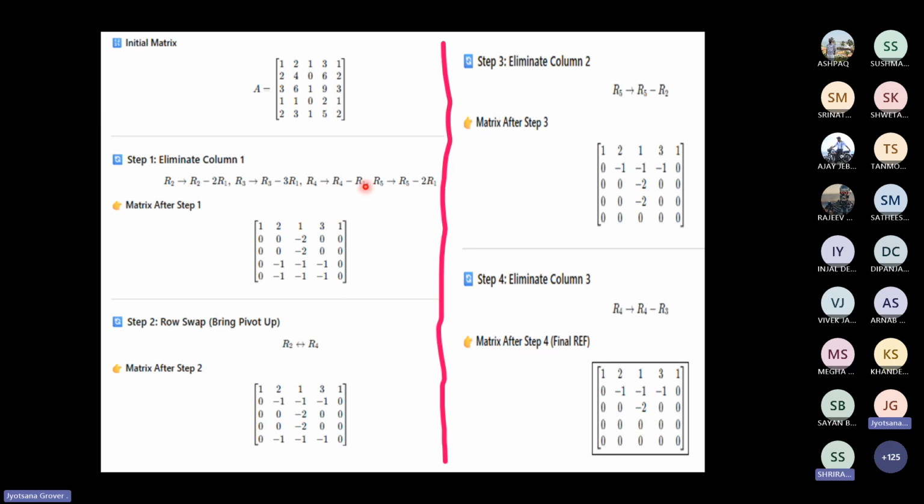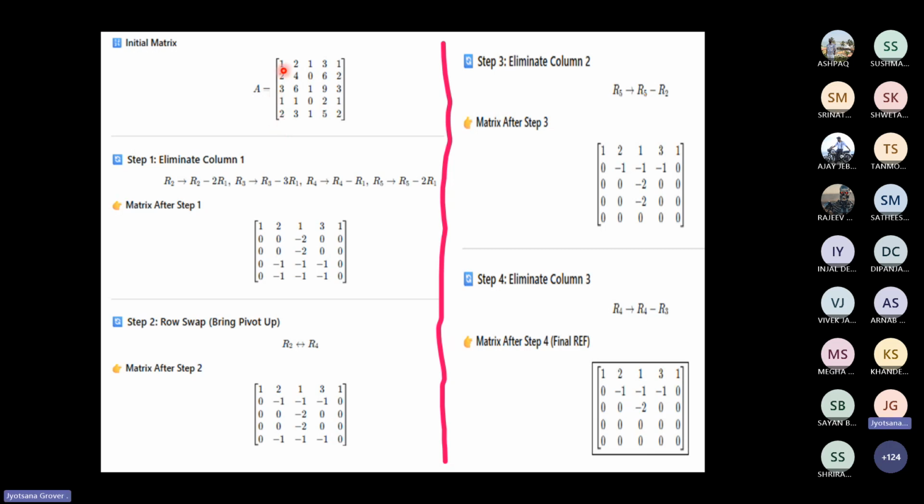Now we are at this position. Ma'am, can you repeat why for the R5 step we are not doing R5 minus R2, rather we are doing R5 minus 2R1? What I'm suggesting is, if you have to implement it, by the human eye you can see this can happen.